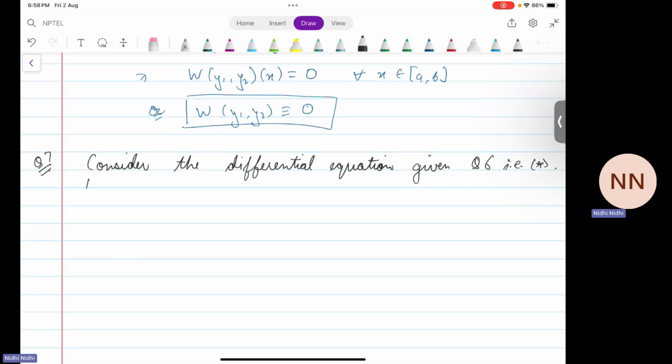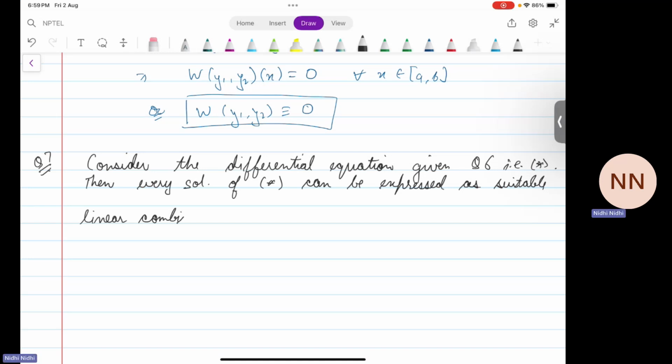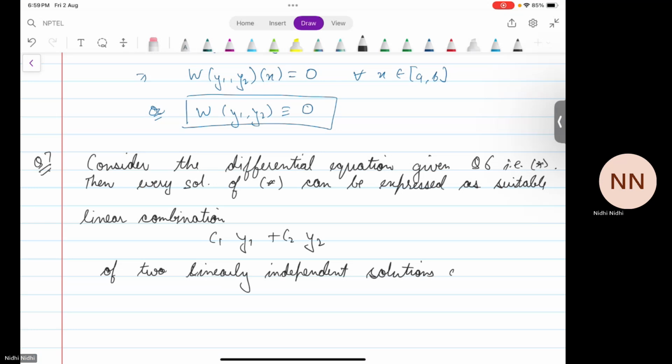Then every solution of star can be expressed as a suitable linear combination c1y1 plus c2y2 of two linearly independent solutions of star.